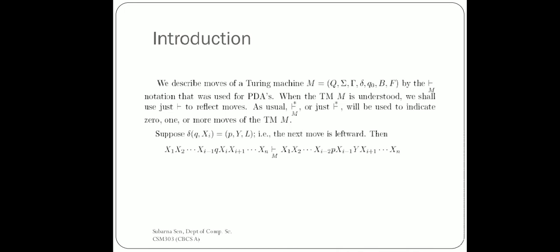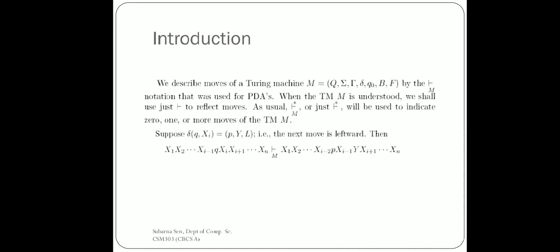Fine. Now let us see it formally. We are having a Turing machine M, and this is a tuple notation. We know what each symbol means. Here again we use the turnstile symbol that we have used in PDA to represent the transition. There will be a star above and M below it.